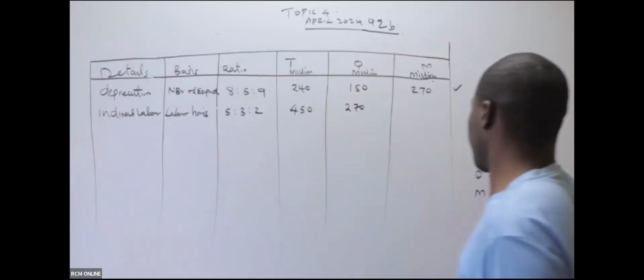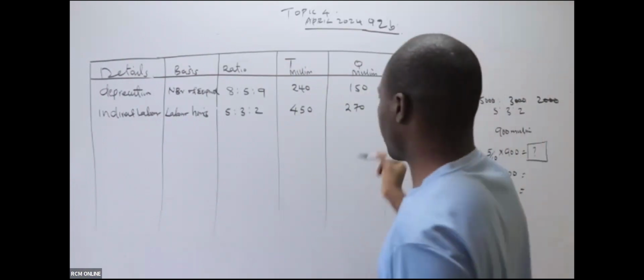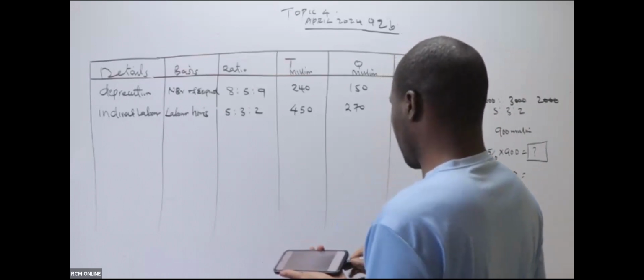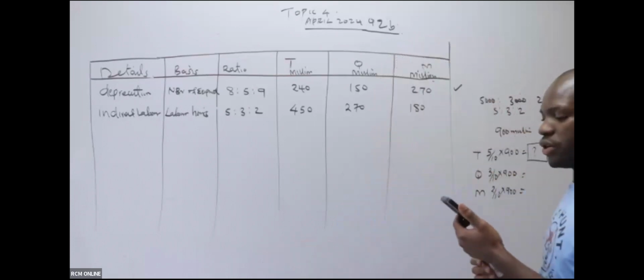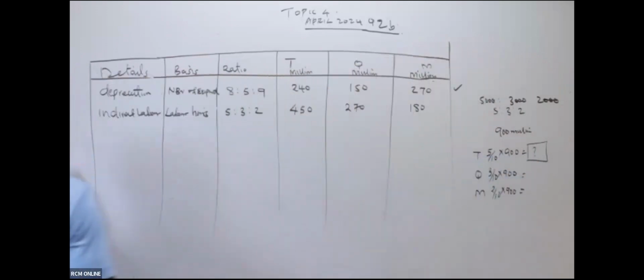That is 3 divided by 10 multiplied by 900. Then the last one, M department, 2 divided by 10 multiplied by 900, 180. Good, so that's what you are required to do under overhead number 2. Number 3, we have repairs and maintenance.